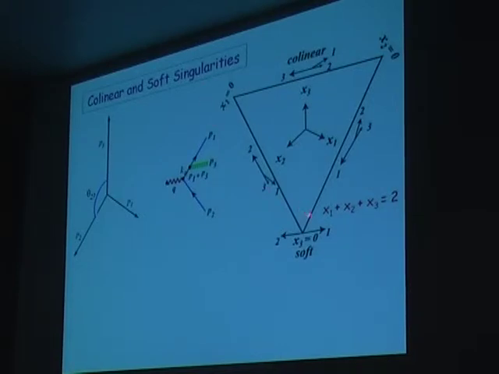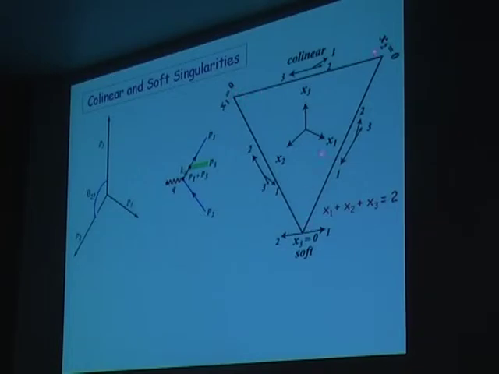In this plot, you can also show that, for instance, along this line, x2 gets to be as large as it can be, and this forces momenta 1 and 3 to be collinear. So this is a collinear configuration. And when you go near the vertices, this is x1 equal to 0, x2 equal to 0.